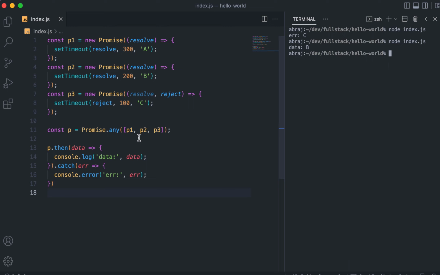Any just waits for the first resolution, which means that if something is rejecting, I will ignore that and keep on moving forward, looking for the first resolution.